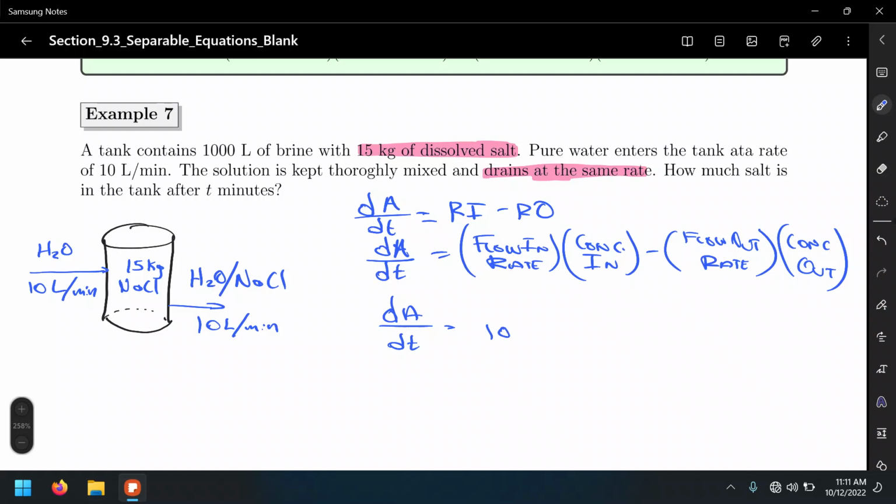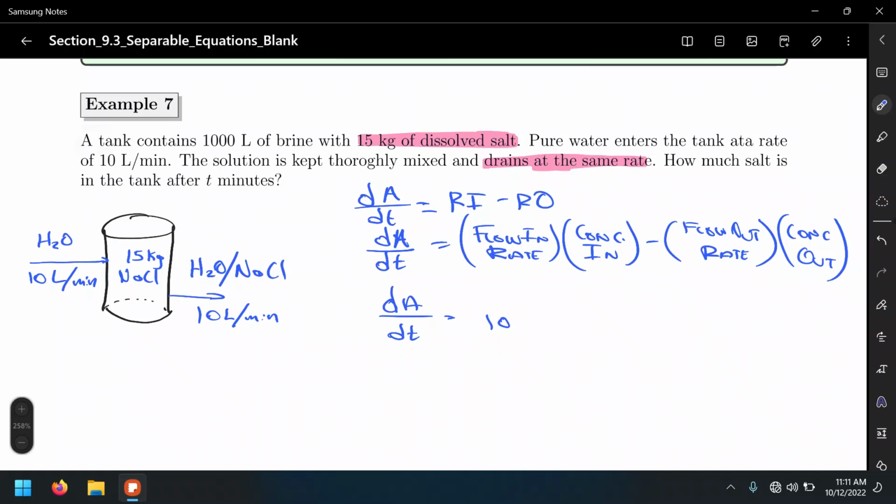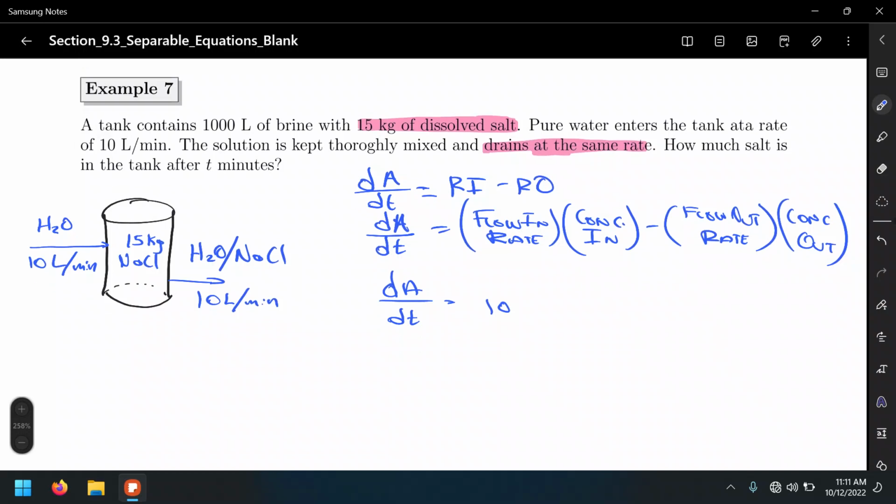We can worry about the units until the very end when we handle numerical answers in our calculation, if any. Now the question here could be a little tricky. What's the concentration in? 0, because what comes in? Only water, and in this case we care about the amount of salt, not the amount of water. So for this reason, that's going to be 0.